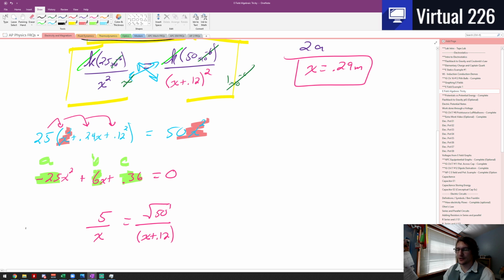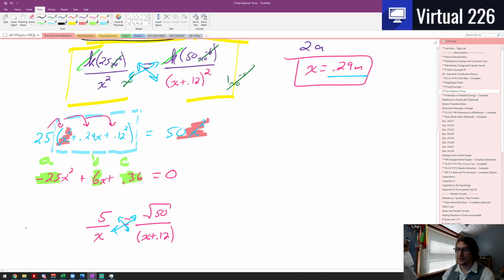This is much easier to play with because I don't have as much distributing. I don't have a quadratic in the end. I can just solve this for x. I still have to do a little bit of cross multiplication here, but it's not bad, and I can directly solve this for x. Interestingly enough, you will still get the 0.29 meters.